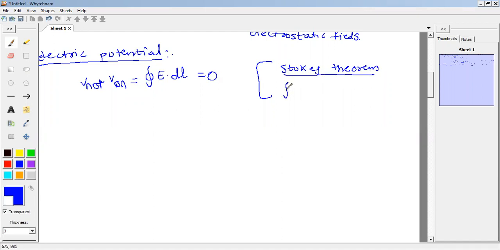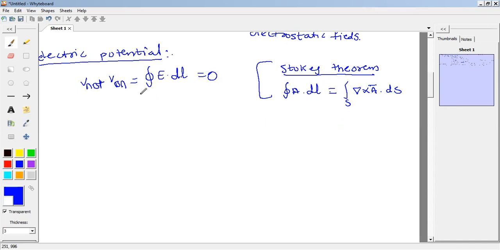This Stokes theorem states that the closed line integral of a vector is equal to the surface integral of the curl of that vector. Stokes theorem states that the closed line integral of any vector is equal to the surface integral of the curl of the vector. This becomes the Stokes theorem.